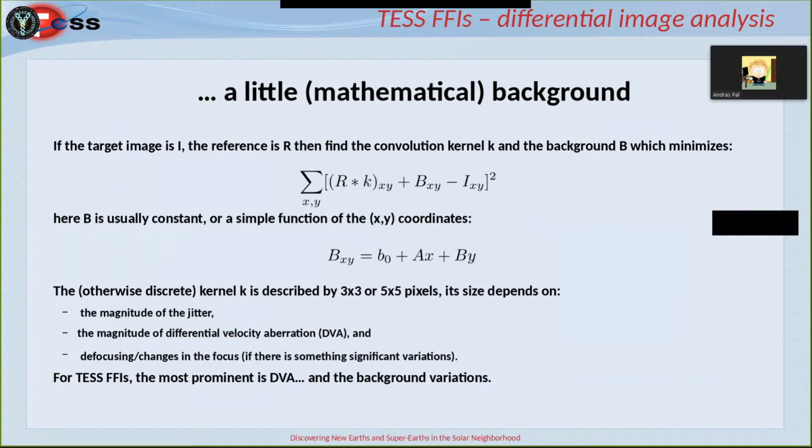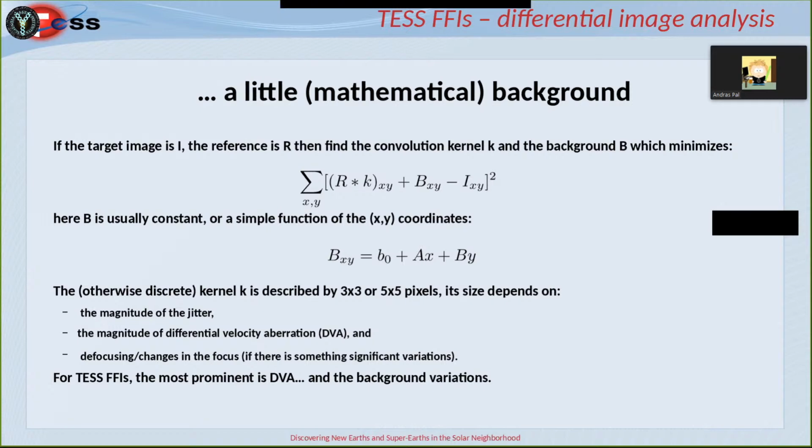So let's discuss a little bit the mathematical background of this type of image processing. Why is it important? Because as we saw a few minutes ago, if you just simply subtract two images, the result is very nasty.